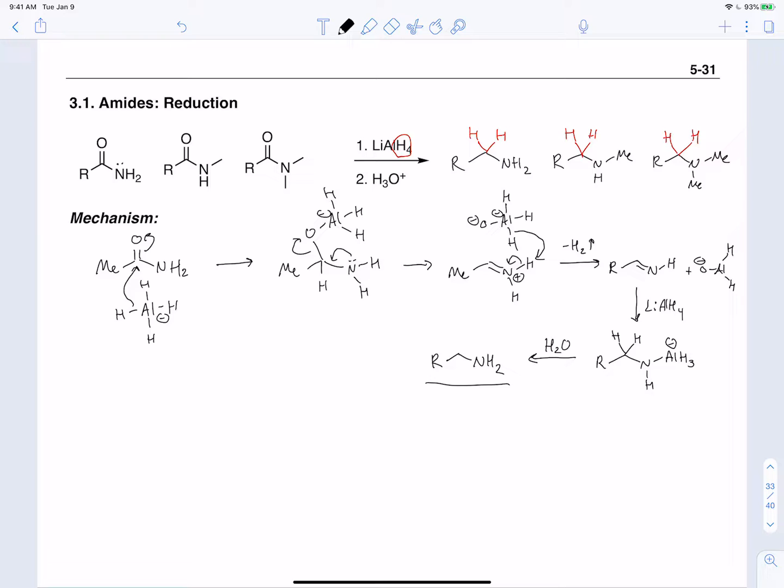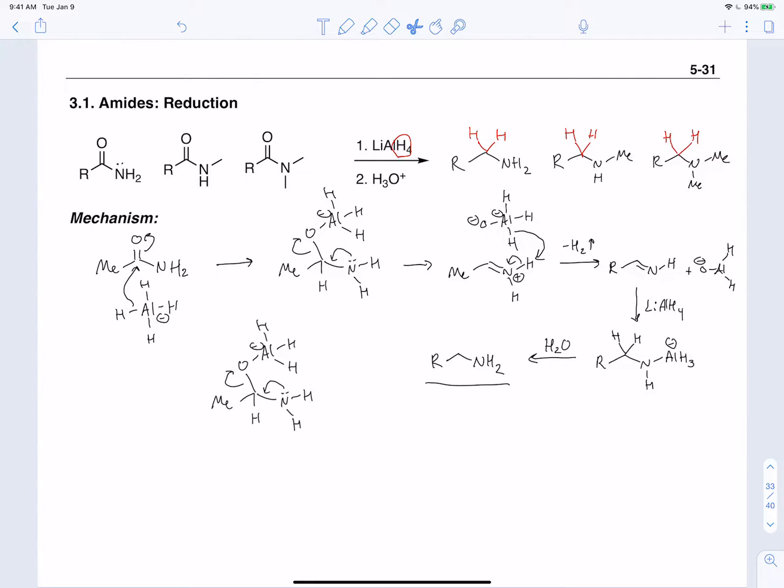There is actually a slightly lower energy way to draw the breakdown of this tetrahedral intermediate, and it effectively does both of these two steps at once. Since we can make a cyclic structure, let me just copy and paste this again.